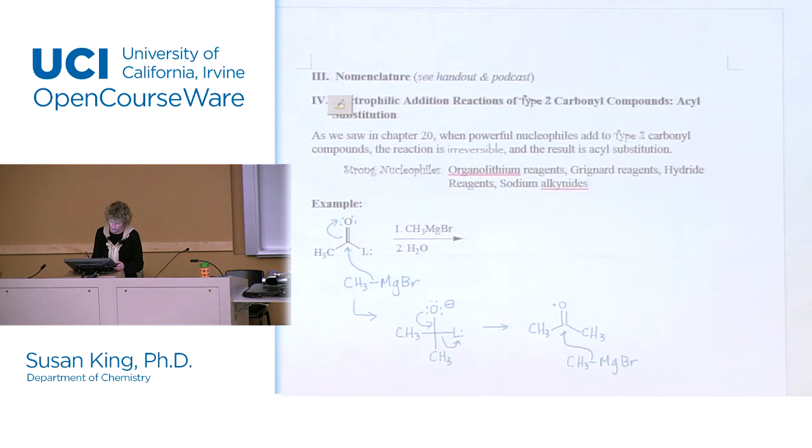And so we end up getting an alcohol. So this is a great way to synthesize alcohols. So we end up getting the alkoxide. And when we add water in a second step, we protonate.